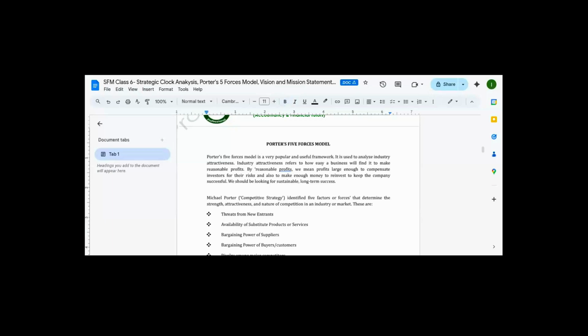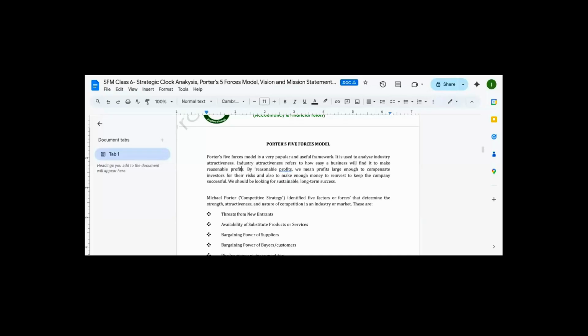The Porter 5 forces model is a very popular and useful framework because it is used to analyze industry attractiveness. No company, no investors will participate in an industry that is not attractive: an industry that cannot give you high return on investment, cannot give you sustainability or survival, or is hostile. Industry attractiveness refers to how easy a business will find it to make reasonable profits.